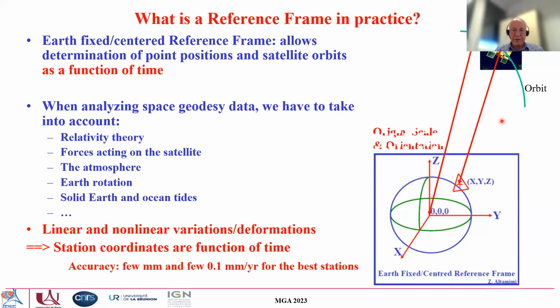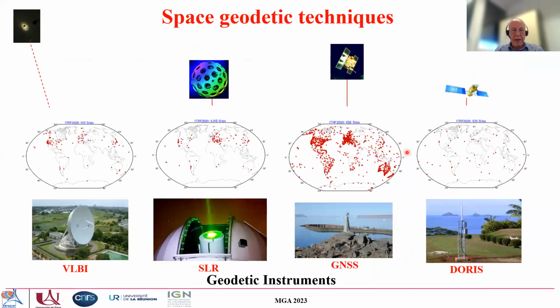But in any case, when we compute a reference frame, we have to specify clearly its origin, its scale, and its orientation. Now, these are the space geodetic techniques that contribute to the ITRF: VLBI, SLR, GNSS, and DORIS.